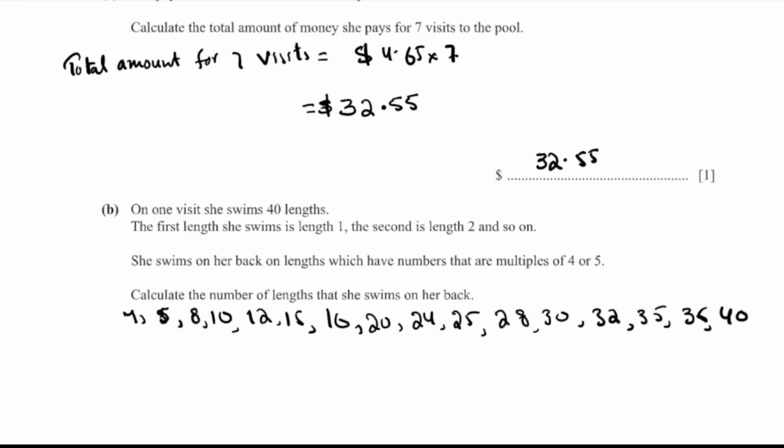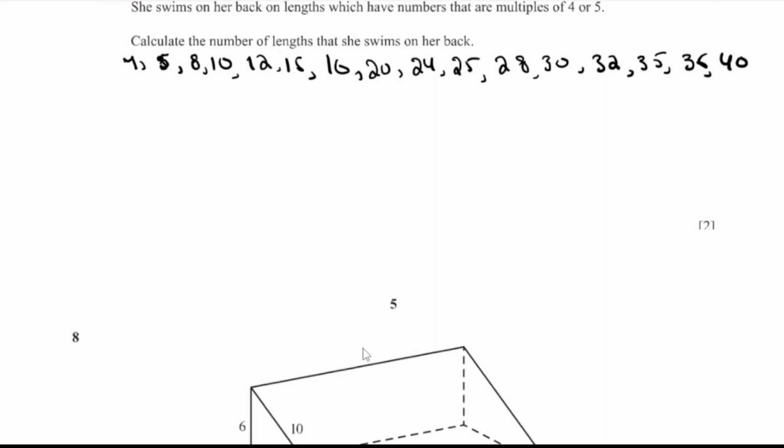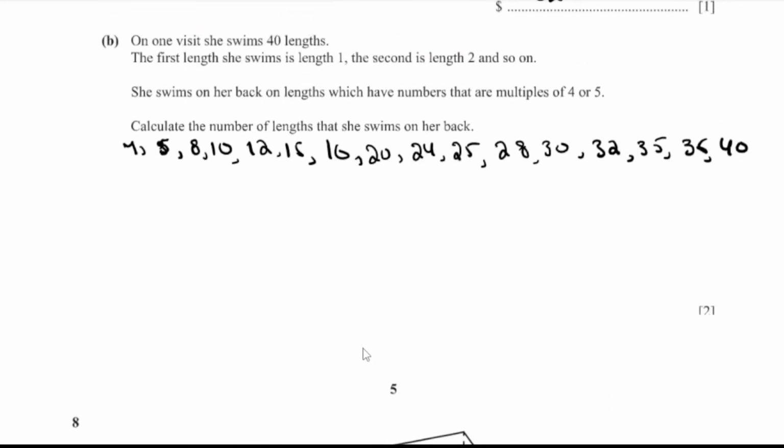So calculate the number of lengths that she swims on her back, that is equal to 16. Number of lengths, 16 is the answer. Okay, these are the multiples of 4 and 5.